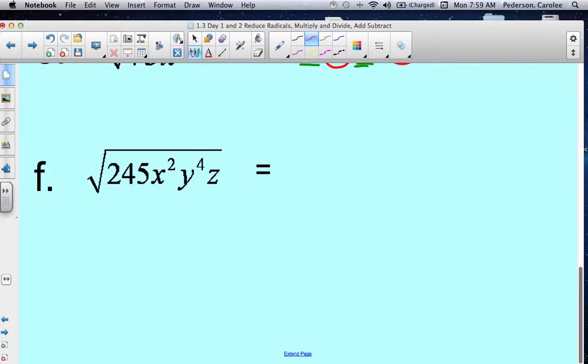All right, I want to try to break down 245 into a product of 2 numbers. So just maybe use your calculator, take and divide by 2, divide by 3, or divide by 5. In this case, if I divide 245 by 5, I get 49 times 5. And then I can break down x squared, y squared, y squared z.